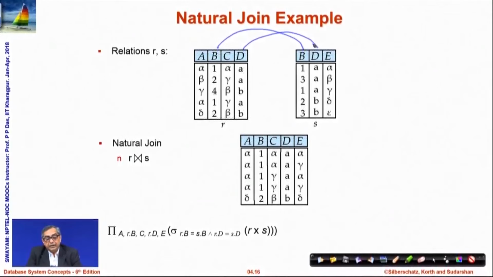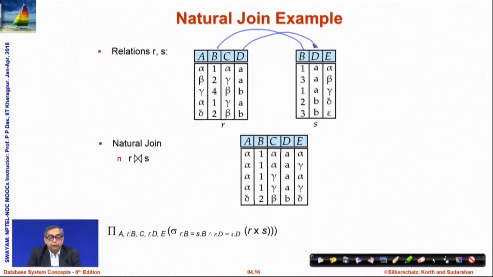We saw earlier that in the Cartesian product, common attributes got renamed in terms of the table name, but this is not what we are looking at in a natural join. What we want to say is, if an attribute is common between two tables, then while you join them, the records from the two tables can be joined if their values on that common attribute are the same.